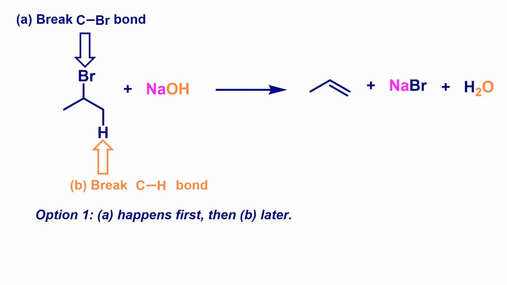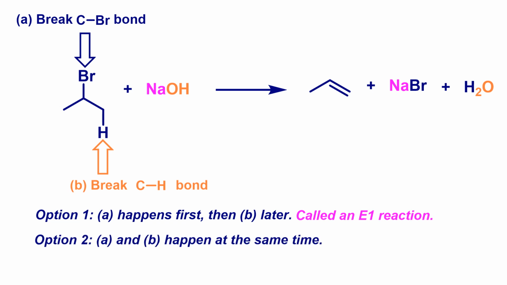If the C-Br bond breaks first, and then the C-H bond a bit later, the reaction is classified as an E1. If the 2 bonds break at the same time, it's an E2 reaction mechanism. These names are linked to the kinetics of these reactions again, and we'll talk a bit more about both in class.